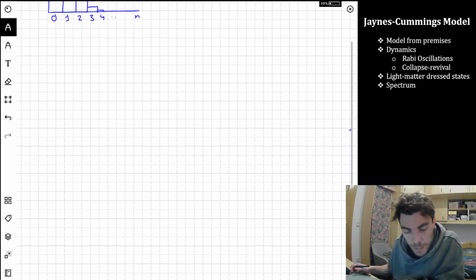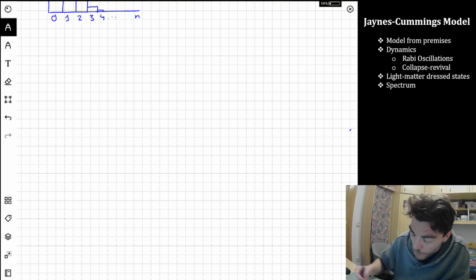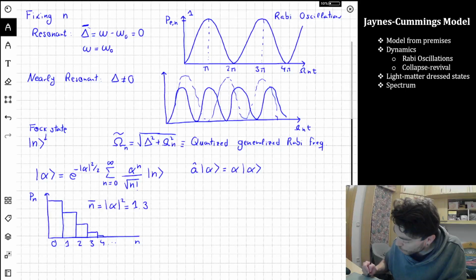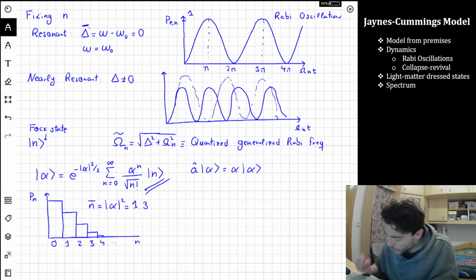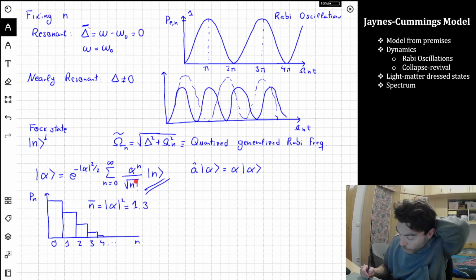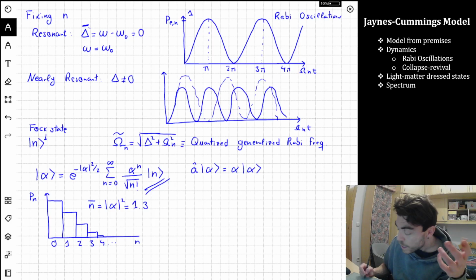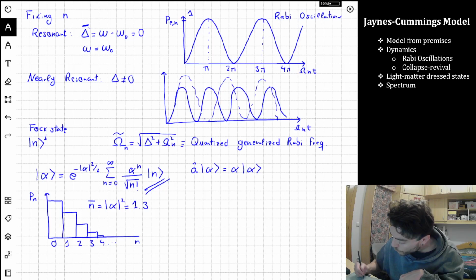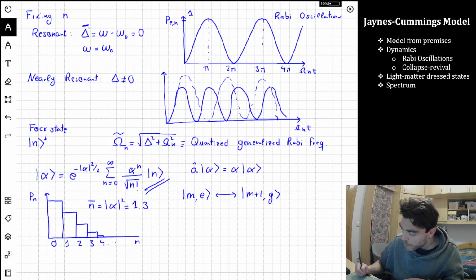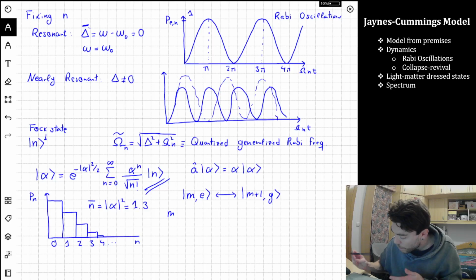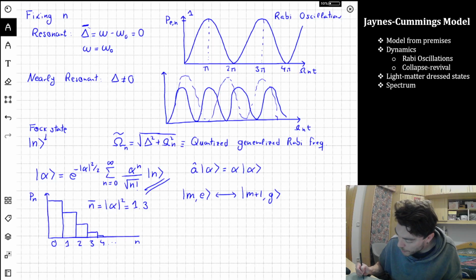But now let's look at the mess that this means. Imagine that we make an atom interact with this state. This state is composed of a lot of different Fock states, and each Fock state with a certain number m, and the atom in the excited state is going to oscillate with the number m plus 1 and the atom in G. Here m is just a label, a number of photons.